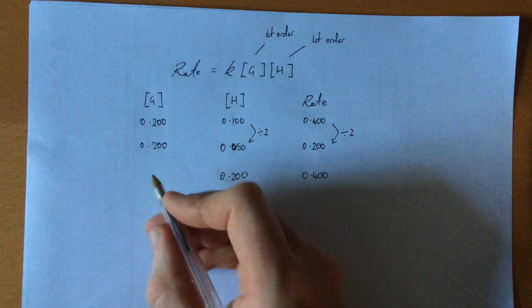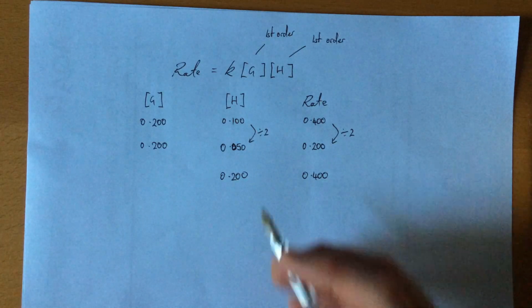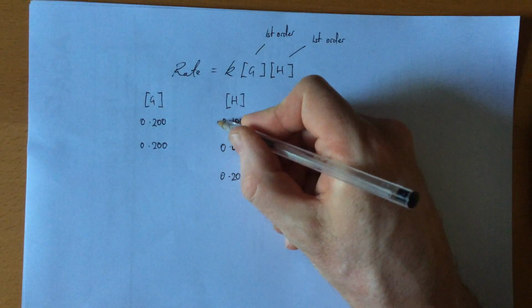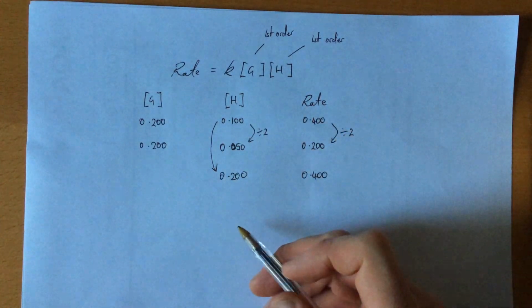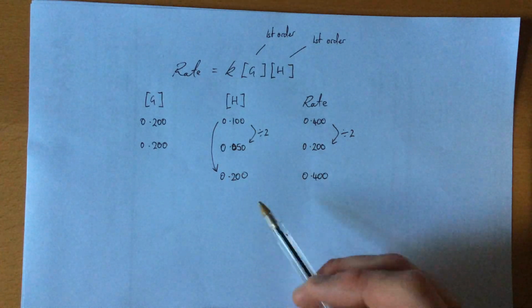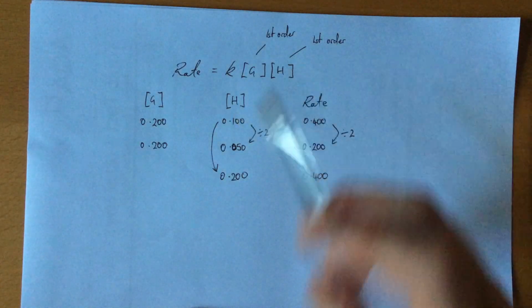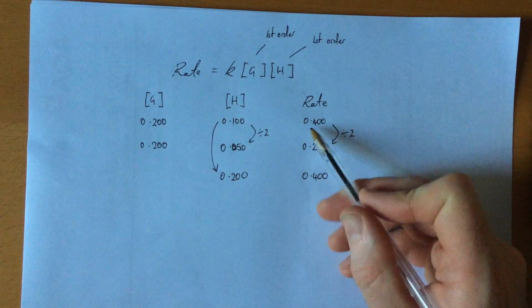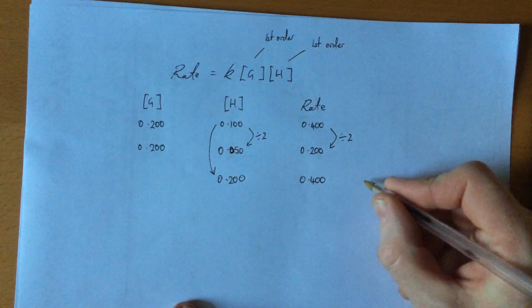And again, we want to concentrate on finding the concentration of G. So we can see that the concentration of H has doubled from 0.1 to 0.2, so that should cause a doubling in the rate because H is first order. So we would expect the rate to have gone from 0.4 to 0.8.